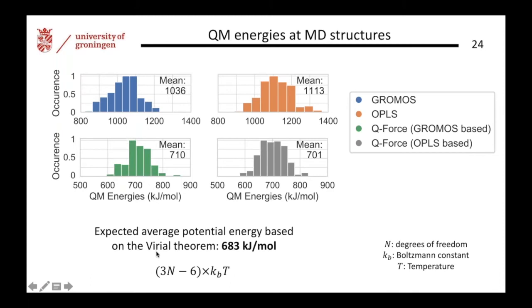Now, considering the virial theorem, the average expected energy of this molecule is 683 kilojoules per mole, and this is based on the degrees of freedom and the temperature. You can see that the average energy of QForce is very similar to this expected value, whereas in the case of transferable force fields, you can see that it is off by hundreds of kilojoules.